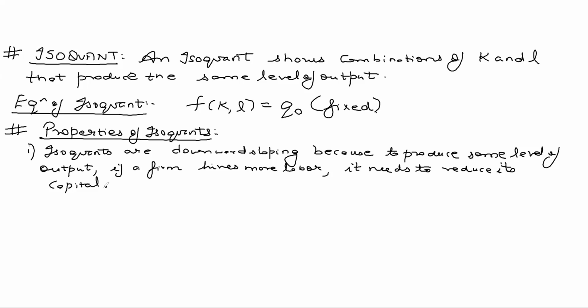If you hire more labor, but you don't reduce your capital, your output will go up. I repeat, if you keep on hiring more labor, but you do not reduce your capital, your output will go up. Your output will remain the same only when you hire more labor and at the same time you are giving up some capital. So isoquants are downward sloping.